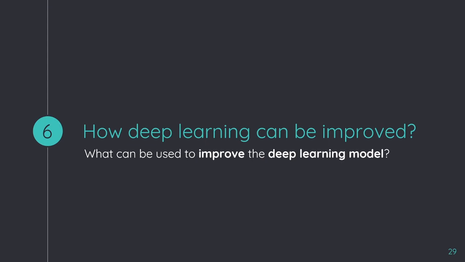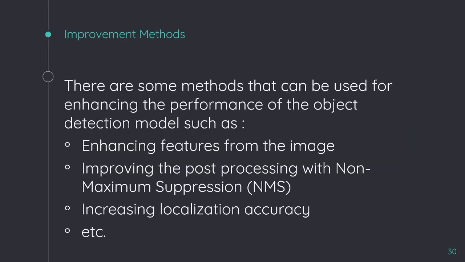Okay, after we learn about the deep learning model and how it works, now we can learn how to improve the deep learning model by using some methods. There are some methods that can be used, for instance, in enhancing the performance of the object detection model, such as enhancing the features from the image.